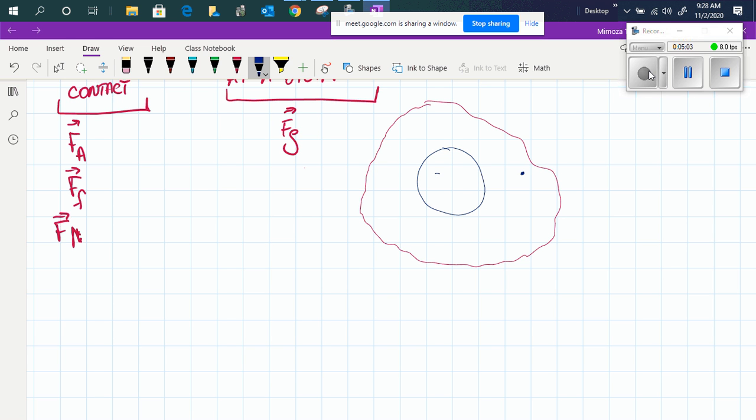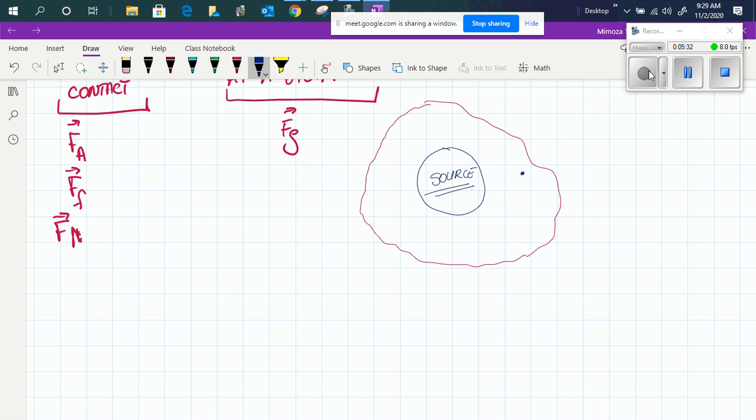If you have an object that is the source, that has a mass in our case, and is surrounded by a field, this field is known as the gravitational field in terms of mass. And when you see charges, then it is known as the electric field. And when you see a magnet, then it's known as the magnetic field.